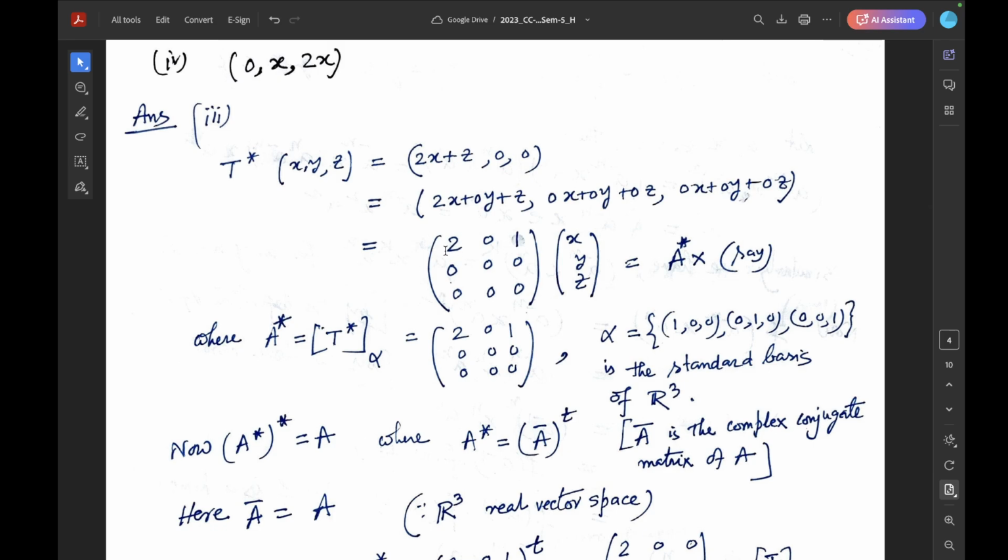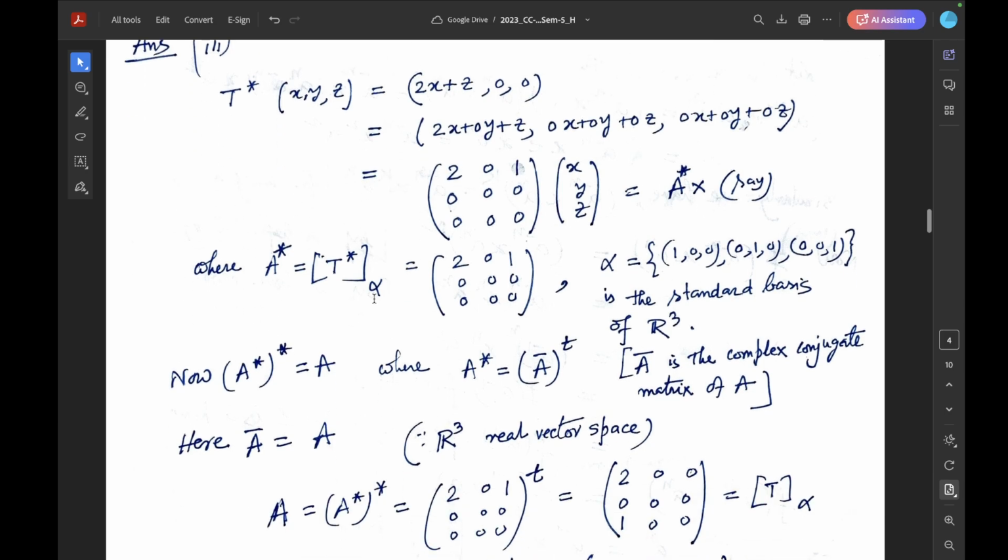So this is a 3 by 3 matrix, 2 0 1, 0 0 0, 0 0 0, and this column matrix x y z, and we say A star, where the star is A bar whole transpose. A bar is the complex conjugate matrix. So this is T star for the standard basis alpha of R3.